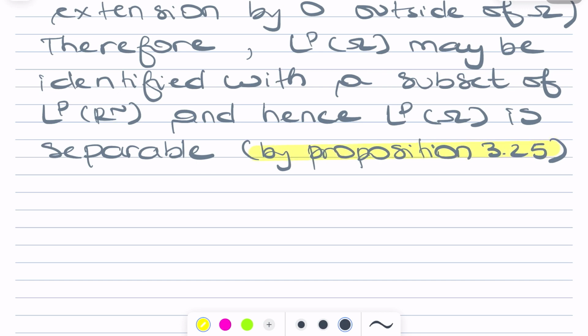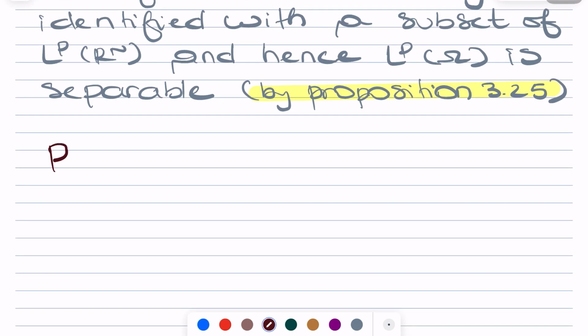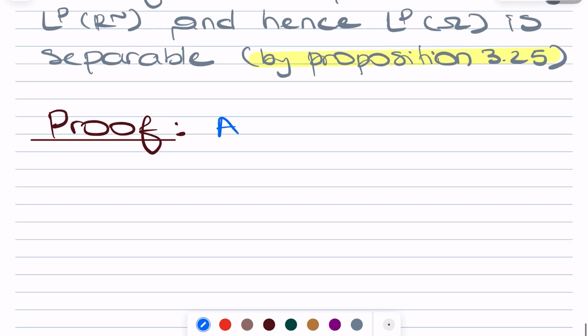Good. So now let's have a look at the proof. So assume Omega is R^n.